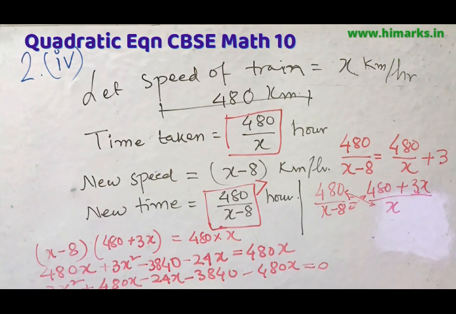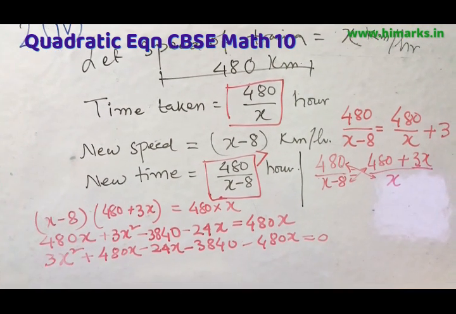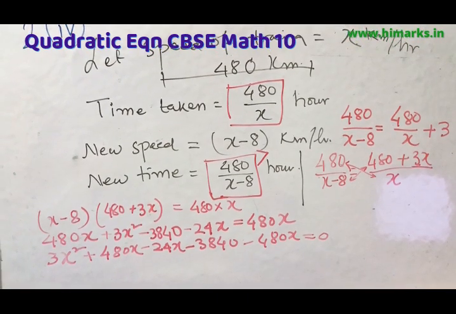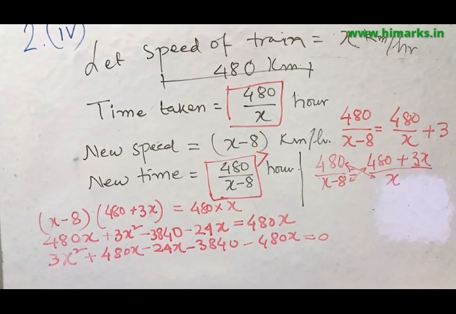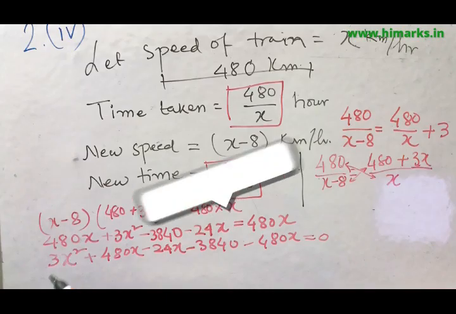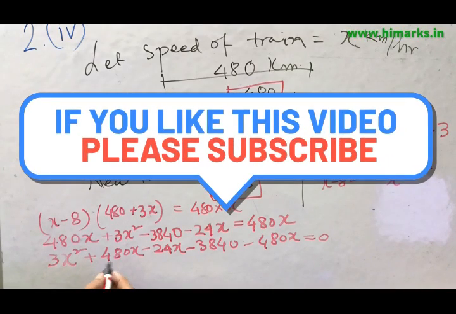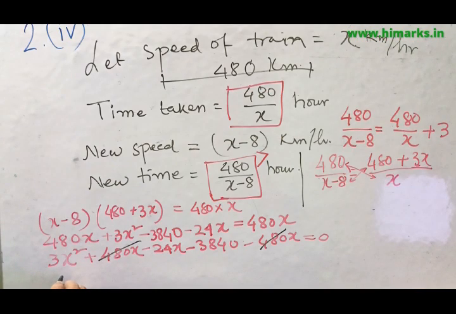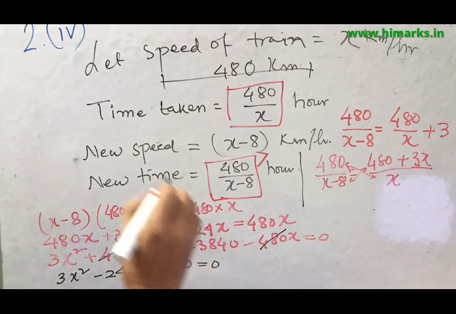Is it not visible to you? Okay, so your calculation is a little lengthier, but you have to make it. Okay, so now this 480 and 480 will get cancelled, so we get an equation of 3x square minus 24x minus 3840 equal to 0.